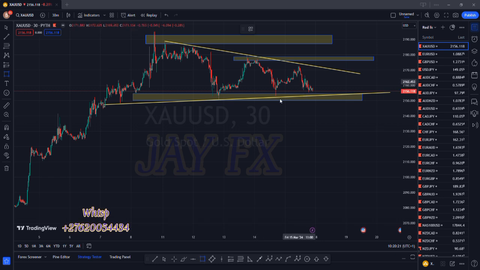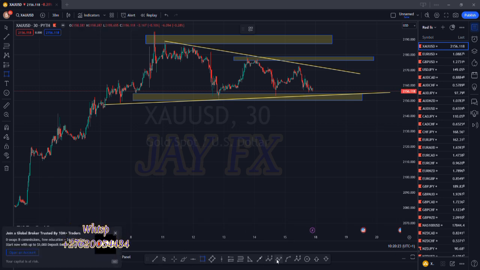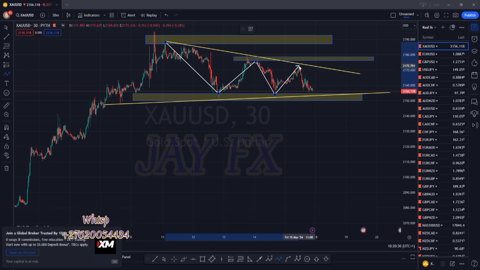So the market was doing the same thing that it did from here down to this: it went down, and these were respected. Remember, resistance and trend line were respected, but it didn't touch there, so it comes back down.